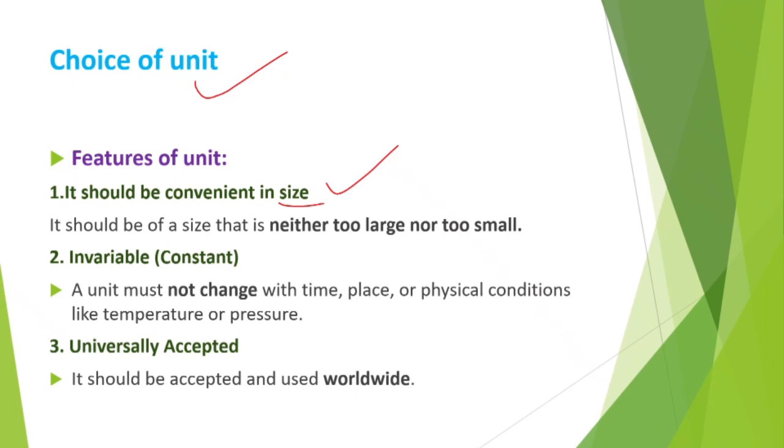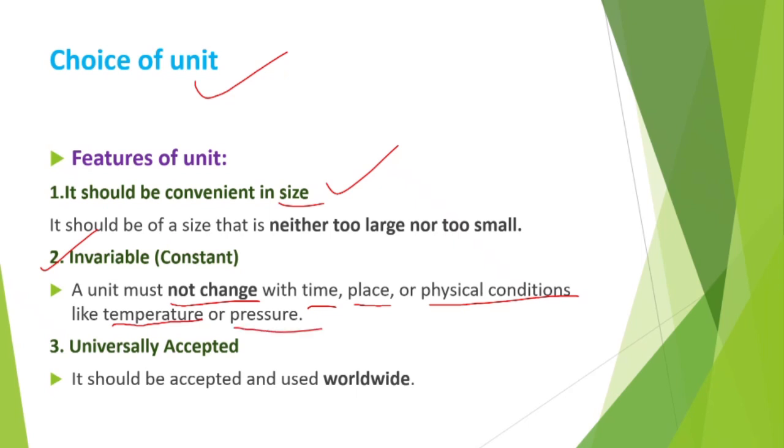So, is it accurate or convenient for you? No, it's not accurate and convenient for you, right? So, we must say, bring 2 kg of apples for me. It should be understood easily and be convenient for us. Got it? Next is invariable. Unit must not change with respect to time, place, and any physical conditions like temperature and pressure.